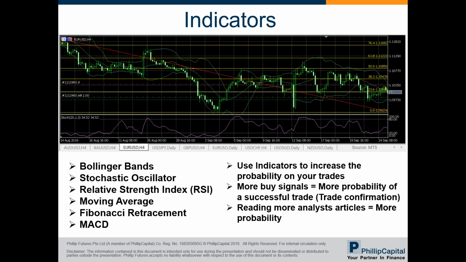If you have 5 indicators, 3 of them showing a buy signal and 2 showing a sell signal, then you only increase your probability from there. If you only use one indicator and it goes south, then obviously not. Or if you have 2 indicators, one buy and one sell signal, then it's a 50-50 probability. So the more indicators you have, the more it increases the probability of trades.